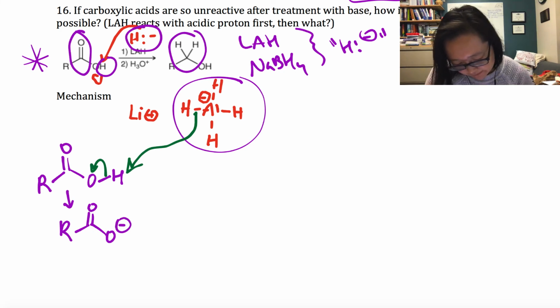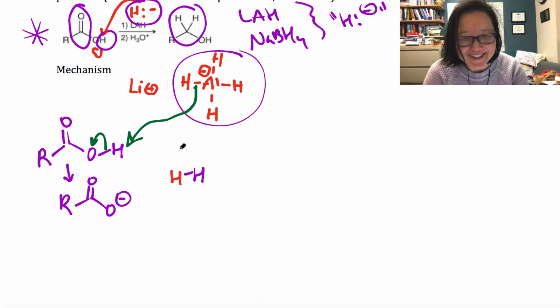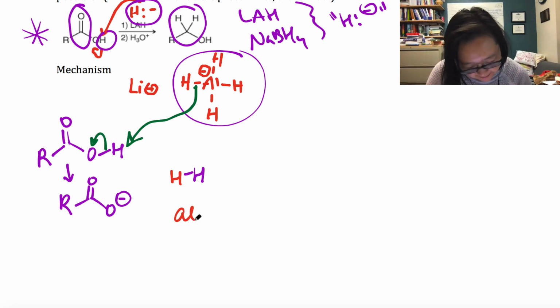All right, now you probably know that H2 is flammable, like the Hindenburg. Remember that Zeppelin that blew up in the sky? So this H2 then leaves this Lewis acid behind, AlH3.